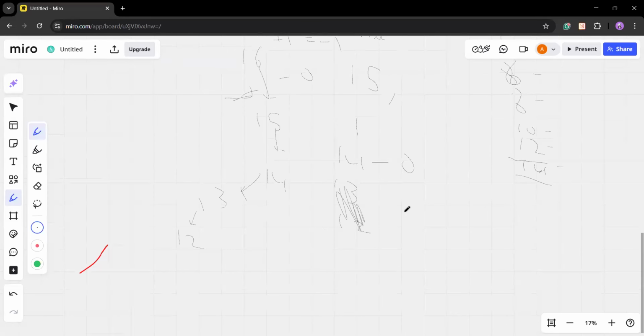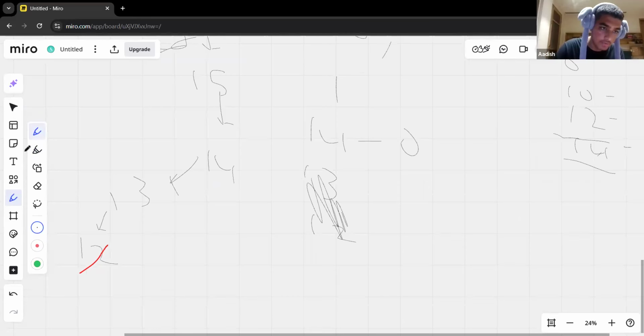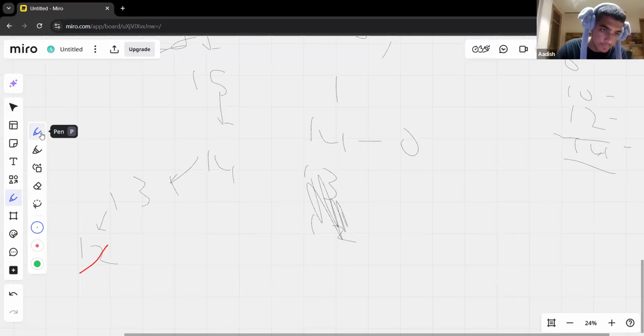Please increase brush size. Can I answer the construction problem? Sure. Wait, just give some more time for everyone else. Yeah. Wait, how do I increase brush size? Okay.